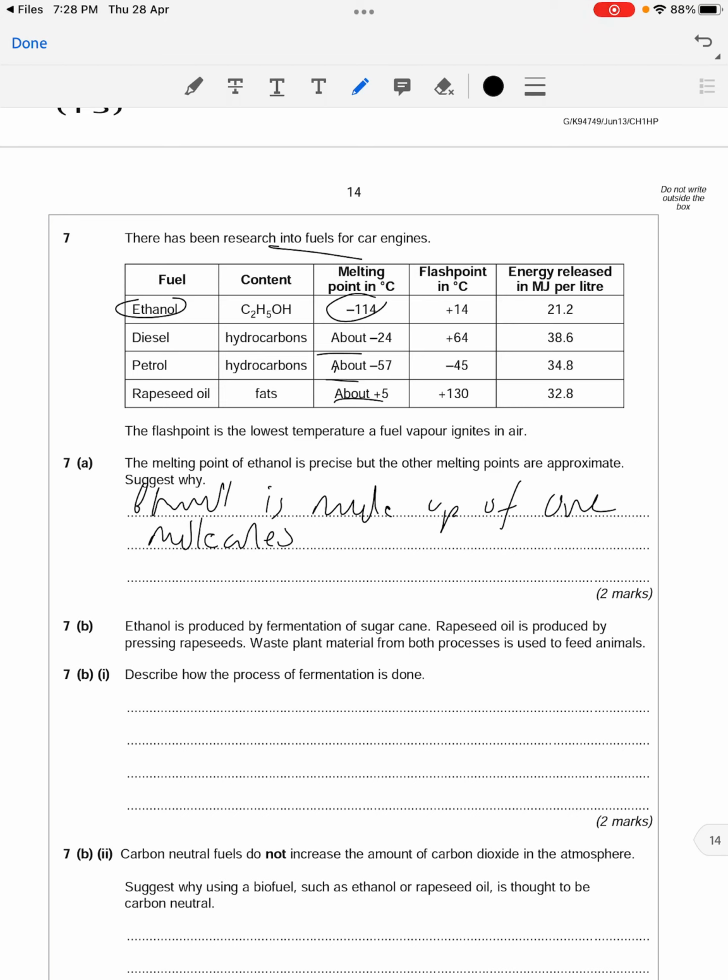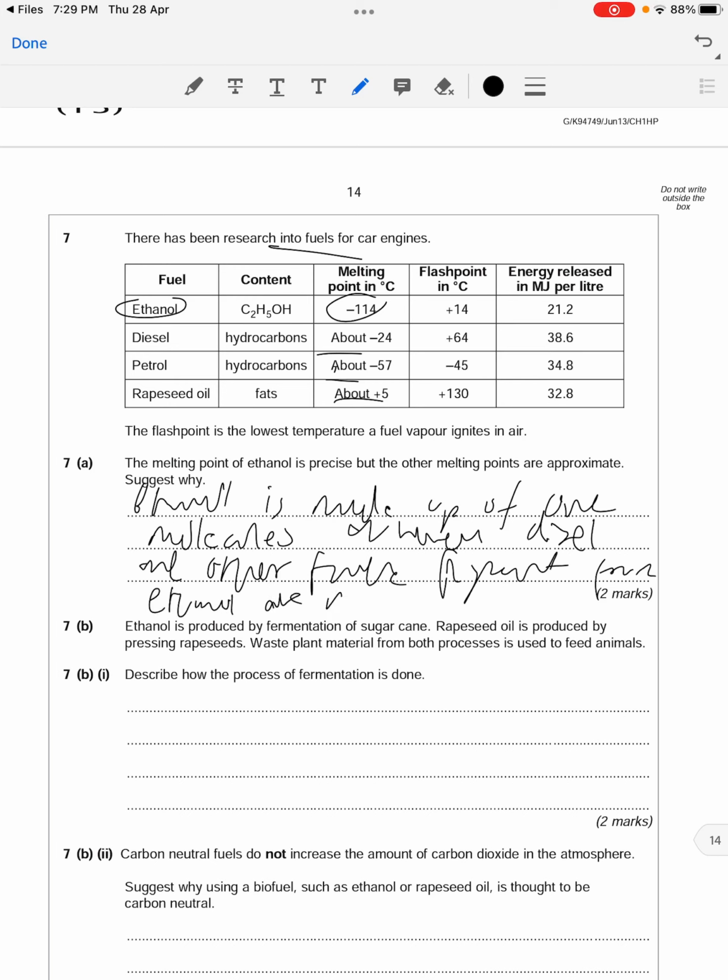The hydrocarbons and fats are mixtures. So you can mention that diesel and the other fuels apart from ethanol are mixtures.